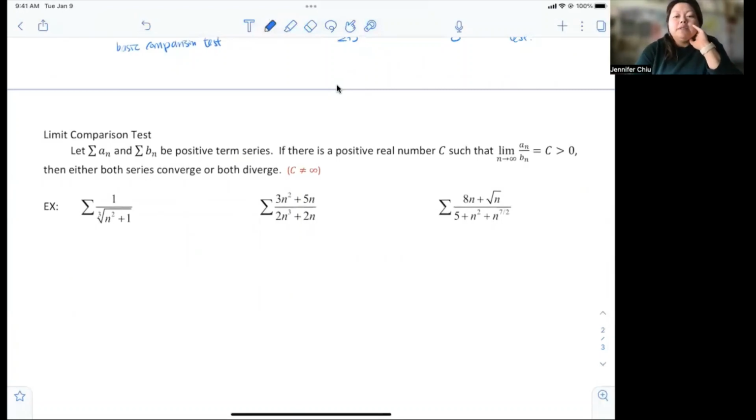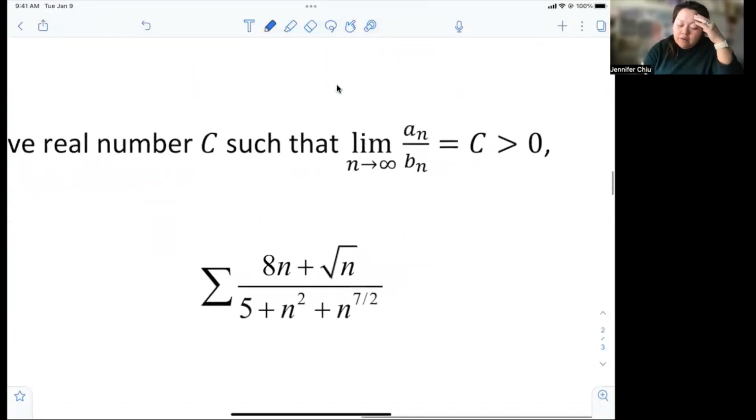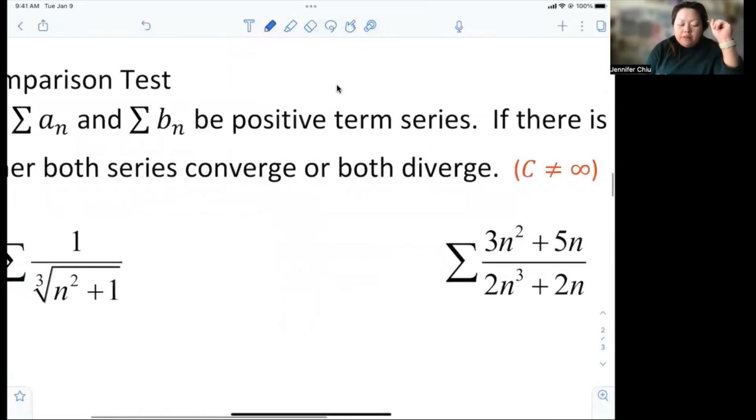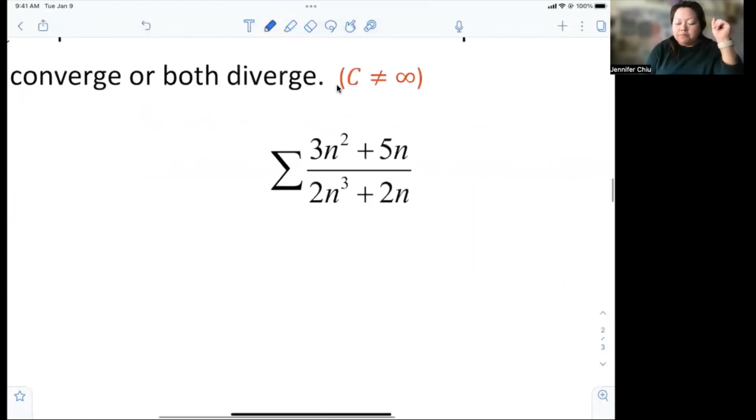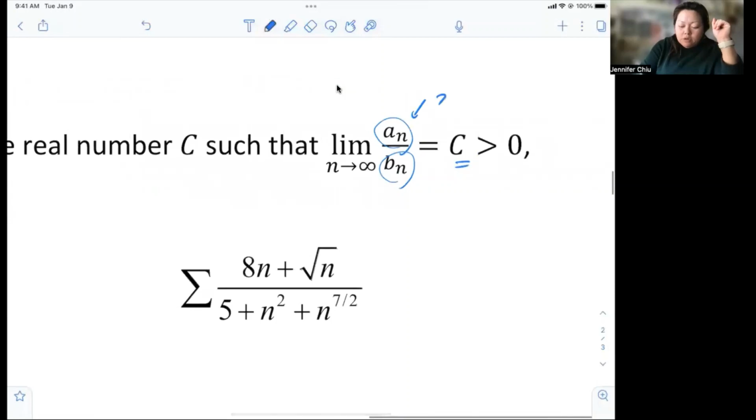If there is a real number such that when you take the limit comparing the series I know versus typically a p-series, the limit approaches a number that is greater than 0 and not infinity, then I know that either both of the series are convergent or both are divergent.